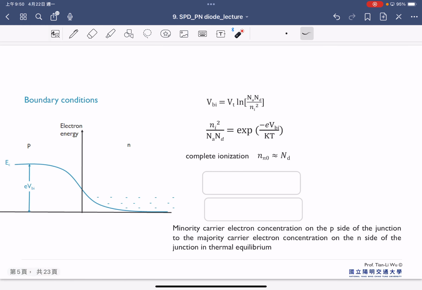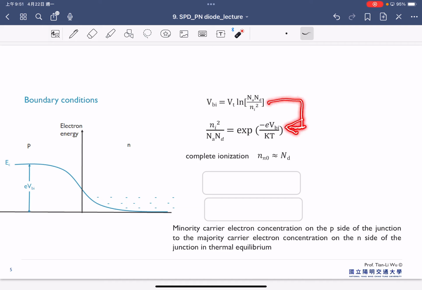So now we will start going step by step. First of all, we start from our built-in voltage, which we already derived last week. The built-in voltage is related to our thermal voltage times the natural log of the doping concentration product over ni squared. Now we can rewrite the equation in this way.